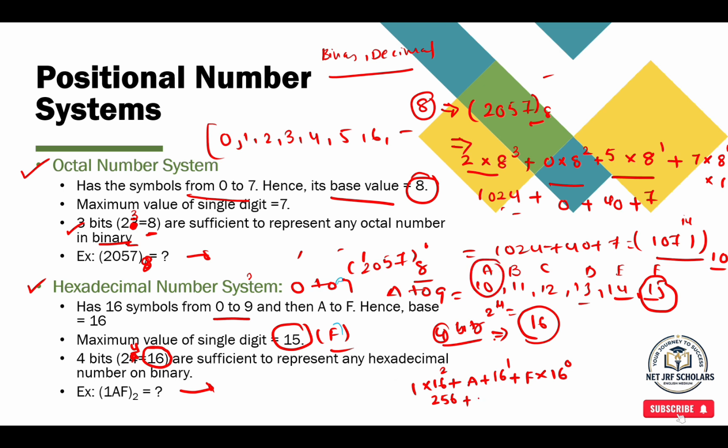Here A means 10. So 10 into 16 power of 1, it means 10 into 16, that is 160. And F means 15. 15 into anything power of 0 is 1, so 15. So 256 plus 160 plus 15. So the value is 437. So it is the decimal.